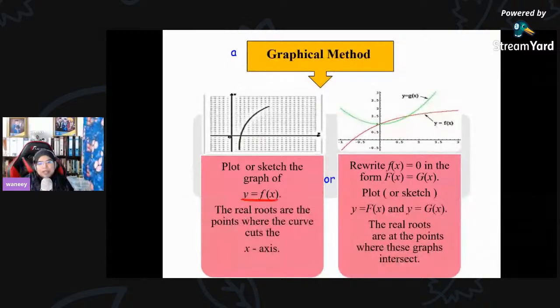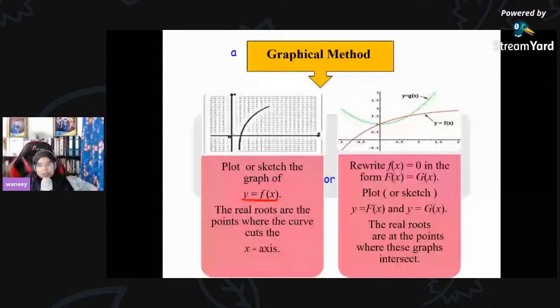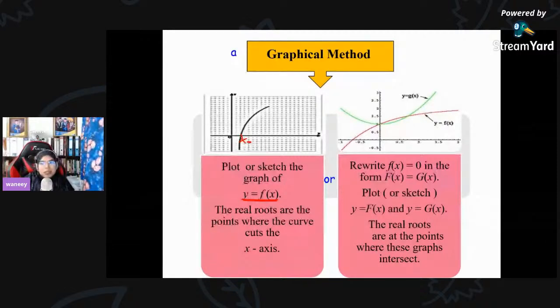The real roots are the points where the curve cuts the x-axis. So this is the graph, this is the root, that is the value of x naught, where the curve cuts the x-axis. Okay, so if say the function is something we learn how to sketch directly, maybe something like sin x minus cos x.